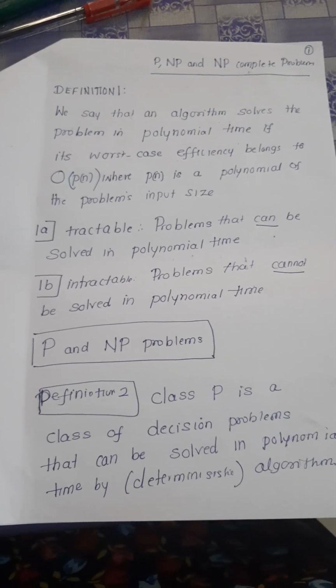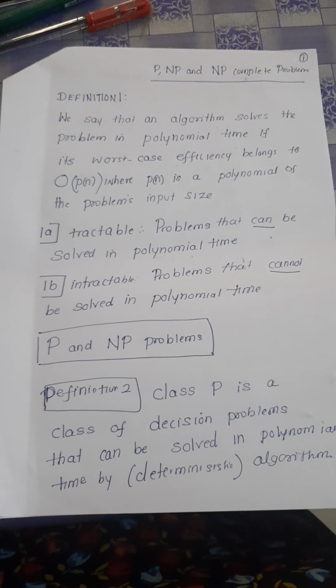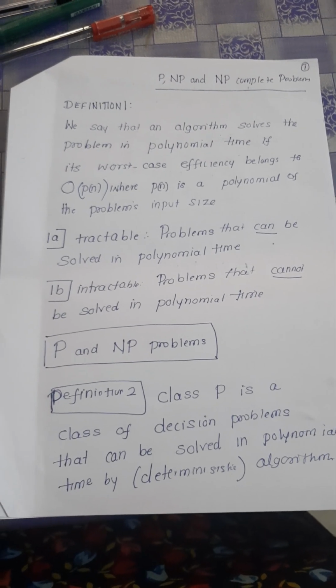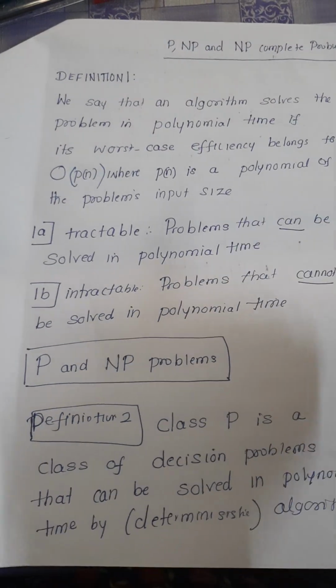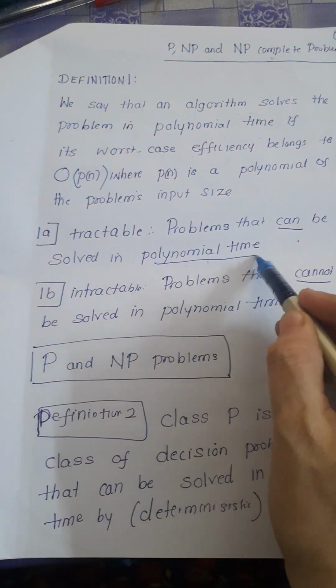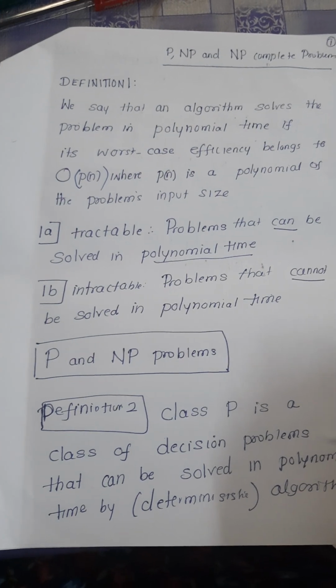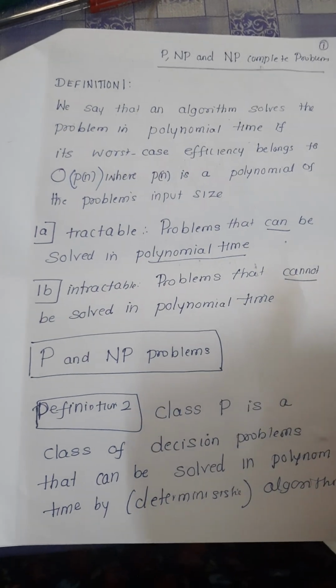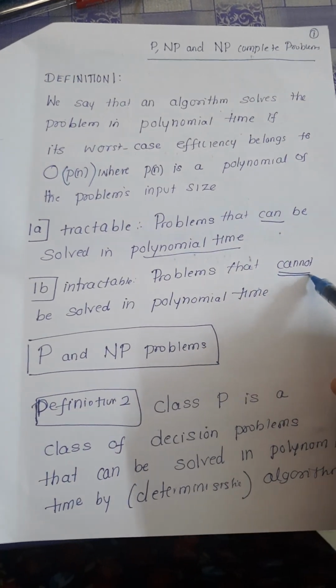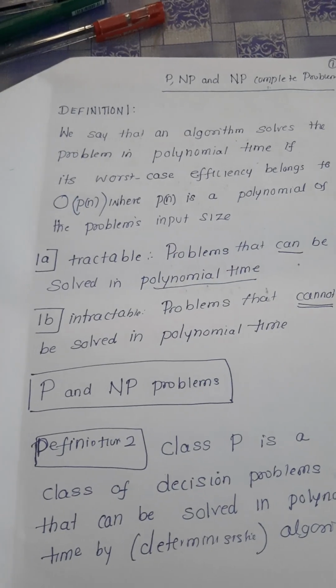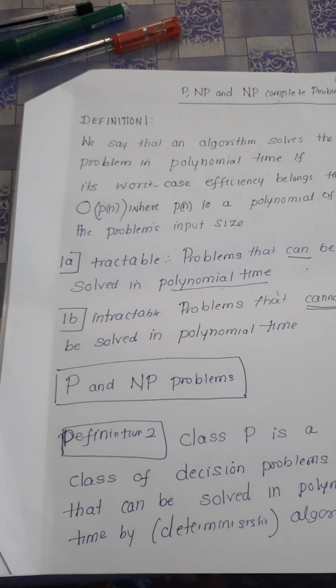Next definition: what is a tractable problem? Tractable problems are problems that can be solved in polynomial time. And what do you mean by intractable problems? Intractable problems cannot be solved in polynomial time. So we have seen three definitions.